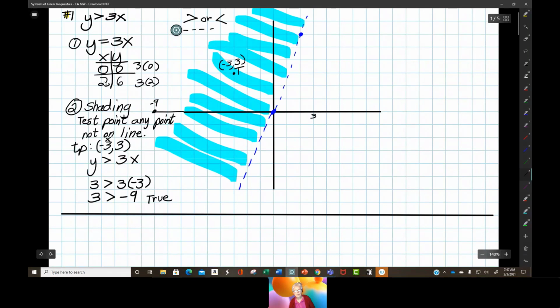And the same thing for 2. If X is 2, then I put a 2 in for the X, and I get 3 times 2, and that's 6. So that's how I got the 2 points. I didn't have to choose those two numbers for X. I could have chosen -3 and -1. I still would have gotten points on this line.